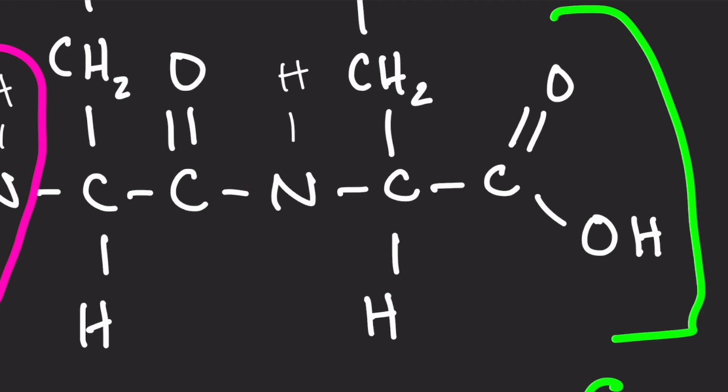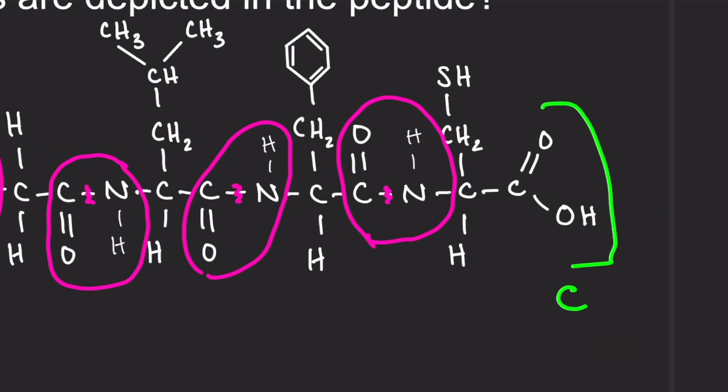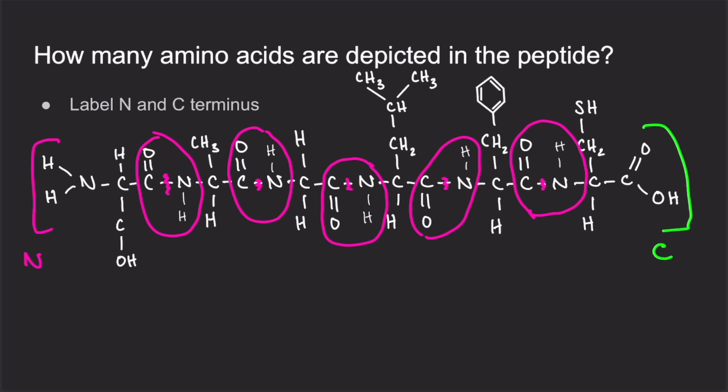So we have our peptide bond and another amide. So we have 1, 2, 3, 4, 5 peptide bonds, 5 amides. That's going to mean we have 6 amino acids. And if you want, we could count the number of nitrogens.